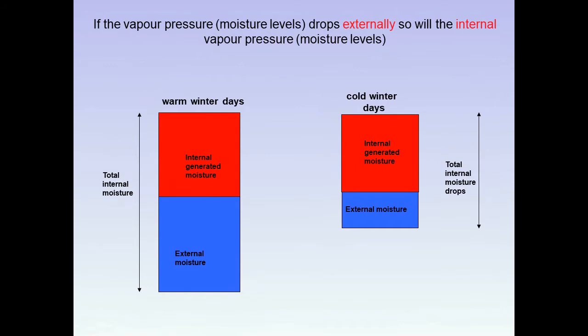And we can see that in this diagram. On a warm winter's day, the total moisture was internally generated moisture and quite a lot of externally generated moisture. Whereas on a cold day, when the external levels drop, we can see that the overall moisture level drops, although the internal moisture level could remain the same.